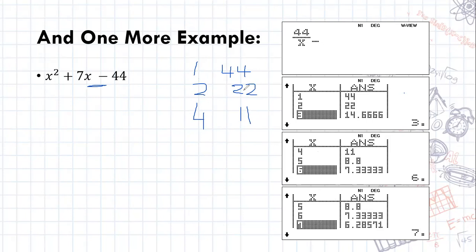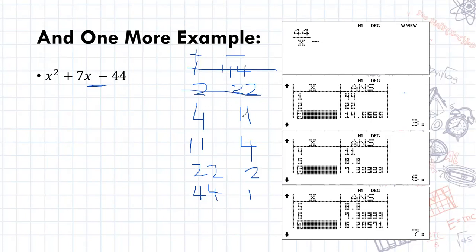So we've got all of our factor pairs written down, and now we just mirror it. So we write 11 and 4, 22 and 2, and 44 and 1. Okay, so we need to find 7. So I'll make this column plus and this column minus. So plus 1 minus 44 does not give me plus 7, so that doesn't work. Plus 2 minus 22 gives me minus 20, so that one doesn't work.